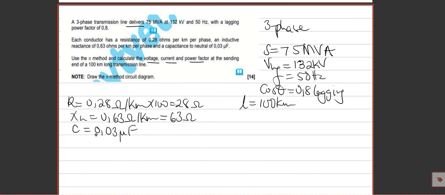Maybe later we will see in the calculation. If we happen to see a very big capacitive reactance, then we may need to multiply it by 100. We will talk about why we would want to multiply times 100 when they didn't mention that our capacitor is per kilometer. We will talk about it later on.